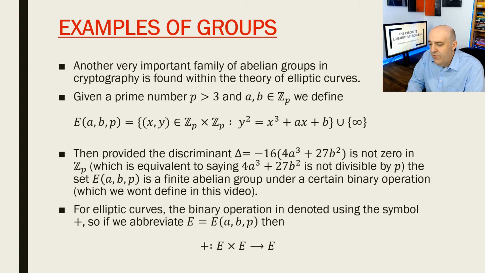Now, provided the discriminant is non-zero, the discriminant being this value, negative 16 times 4a cubed plus 27b squared, as long as that's not zero in Zp, which is just another way of saying that 4a cubed plus 27b squared is not divisible by p, then that set E(a,b,p) is actually a finite abelian group under a certain binary operation, which we won't talk about in this video.